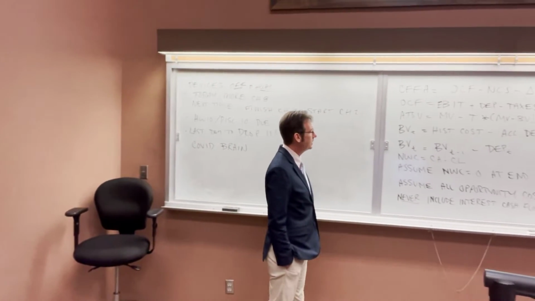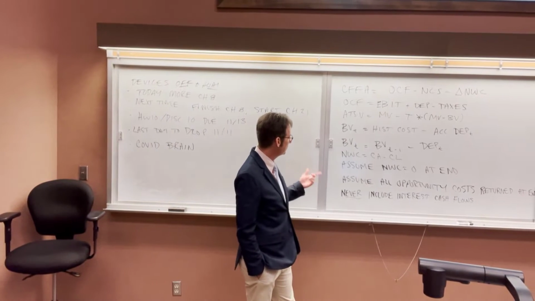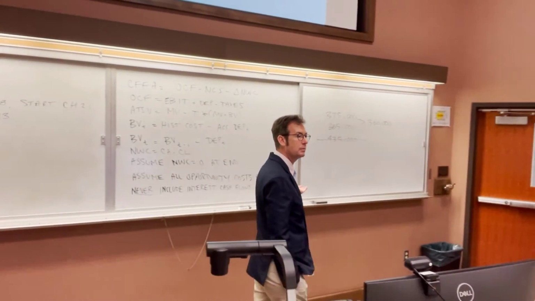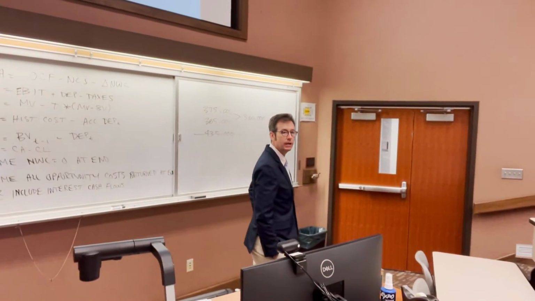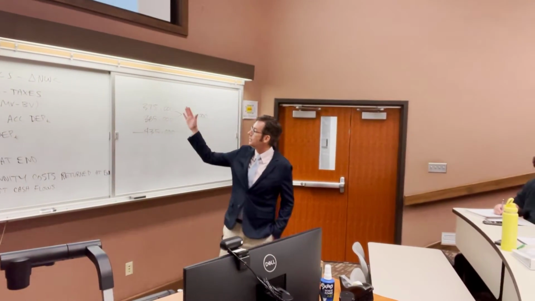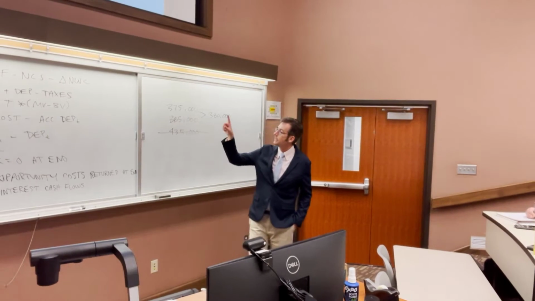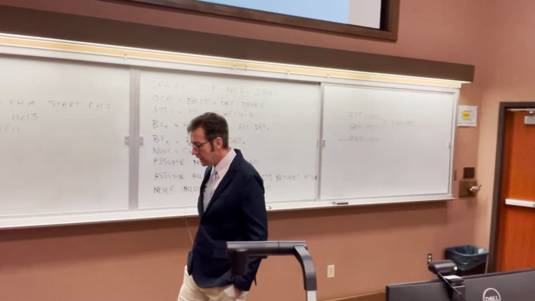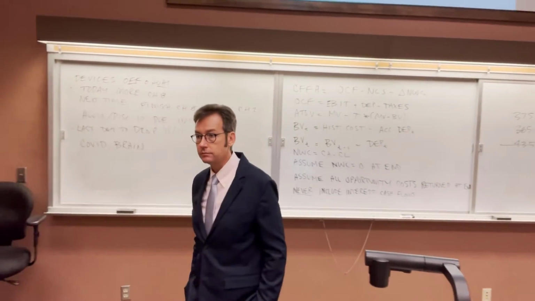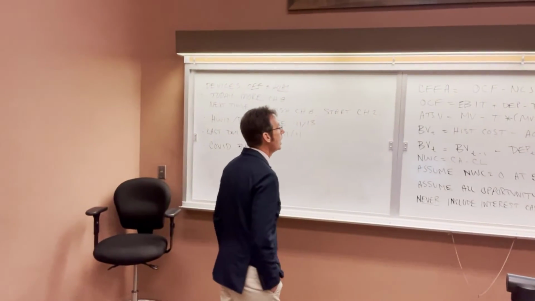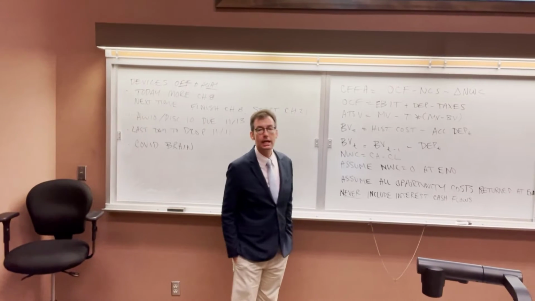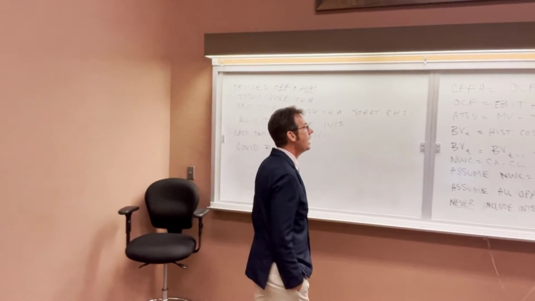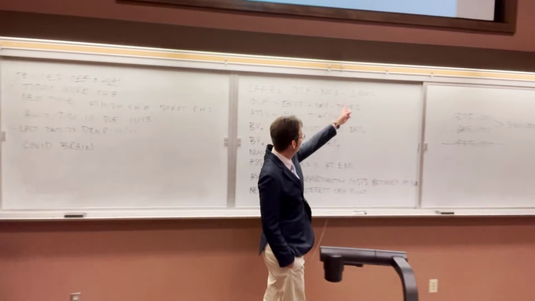By the way, most of this stuff was in chapter 2, which you're supposed to have learned about before you even showed up here, but I gave it to you anyway. Now, CFFA is equal to OCF. What is OCF? Operating cash flow, minus NCS, net capital spending, minus, by the way, what's the triangle?